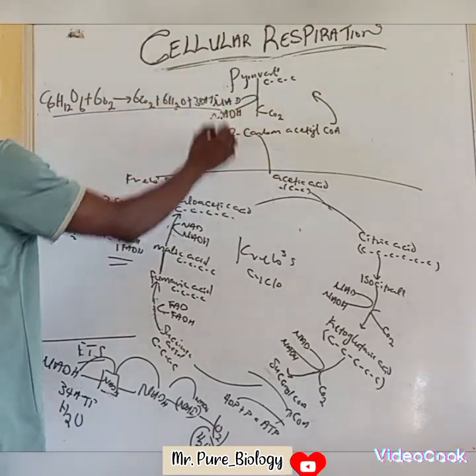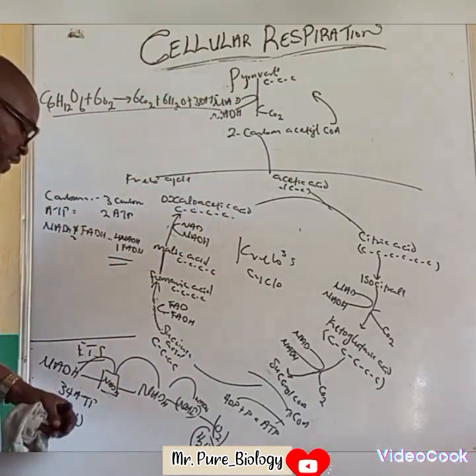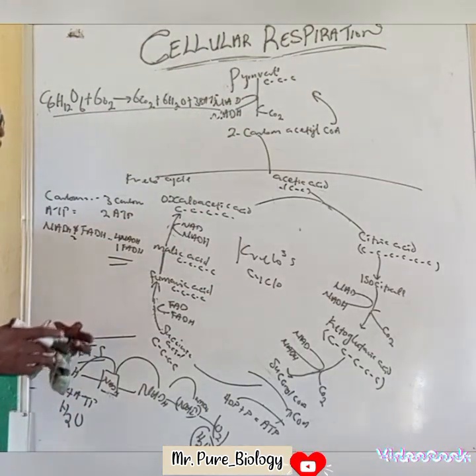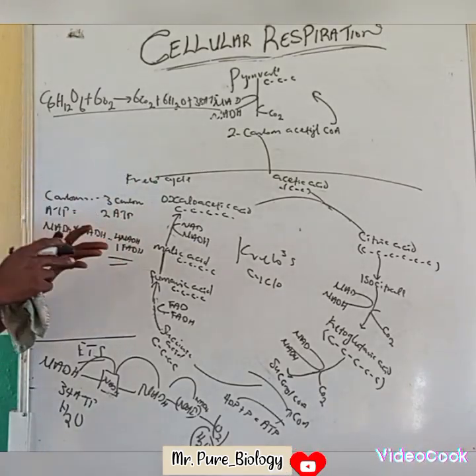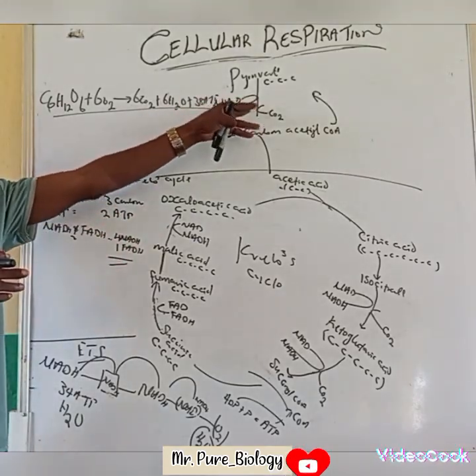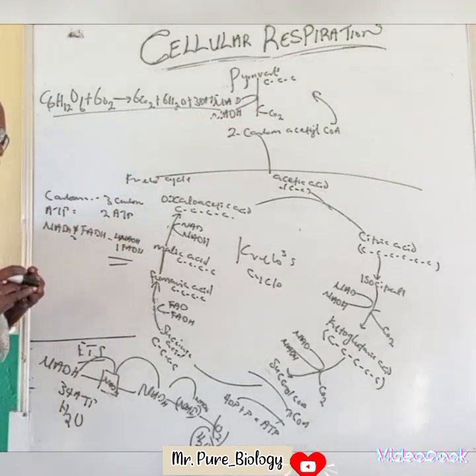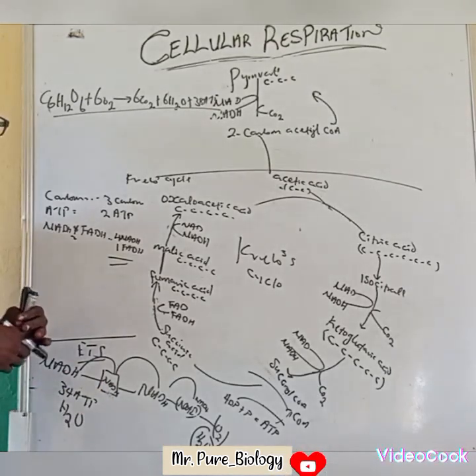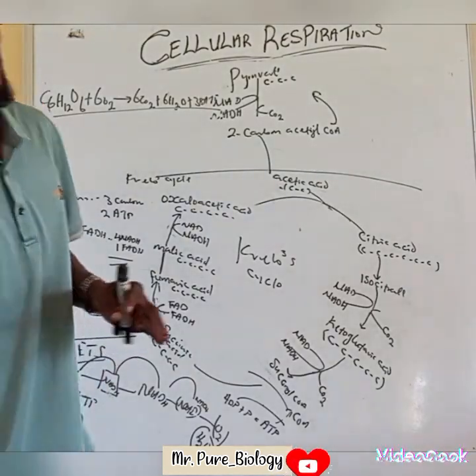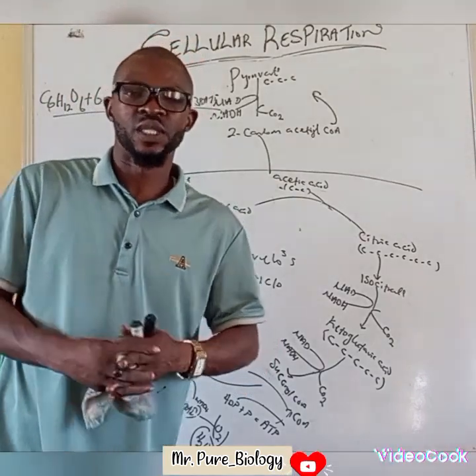So that is the equation for cellular respiration. You can see the amount of energy formed in glycolysis, the products in the Krebs cycle, likewise in the ETS. Now this is the end of our cellular respiration.